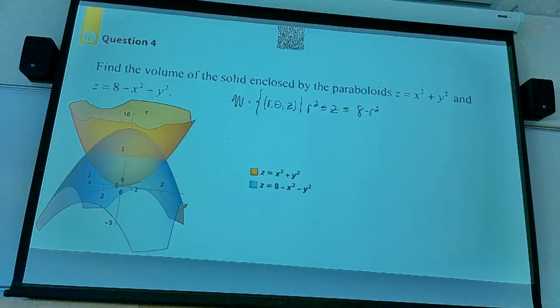Theta is also easy. It was the entire circle. R is also relatively easy because it is a true polar region, a circular region. So r is just going to go from 0 to whatever the radius of the circle happens to be.